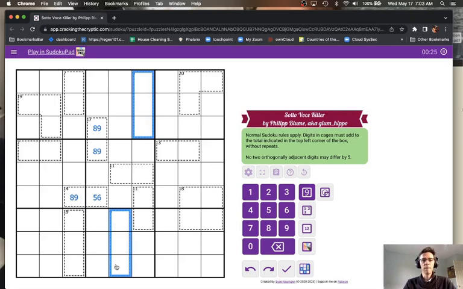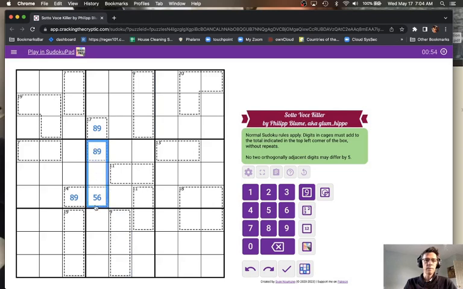Now notice that these two 9 cages can't have 0 digits in common, right? You don't have 6 different digits adding up to 18. They can either have all 3 digits in common, or they can have exactly 1 in common. Obviously, if they have exactly 2 in common, then they have all 3 in common because they'd both be adding up to 9.